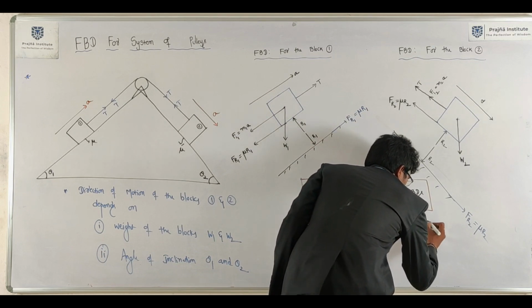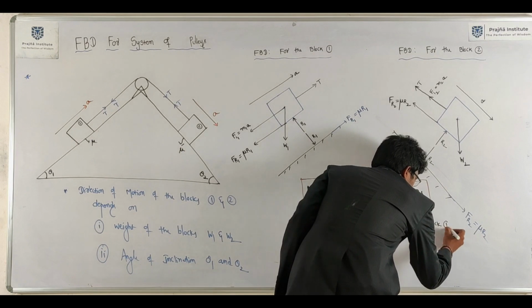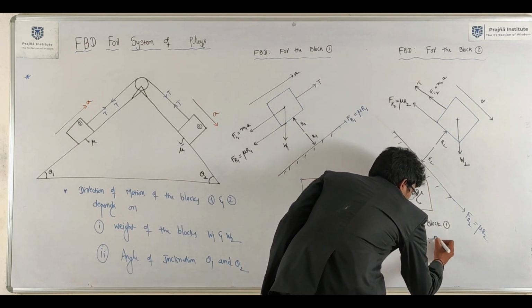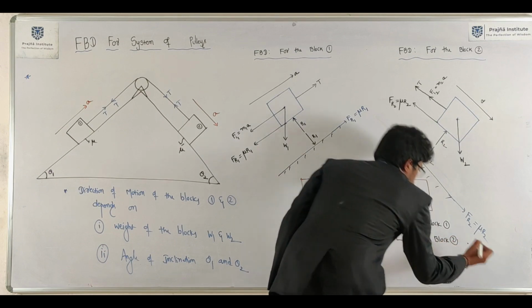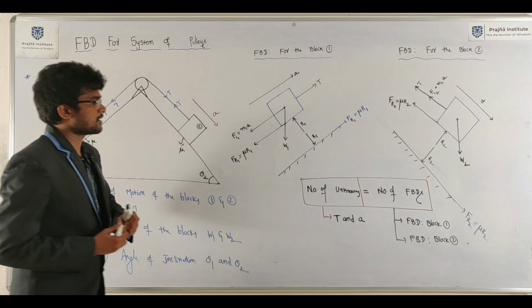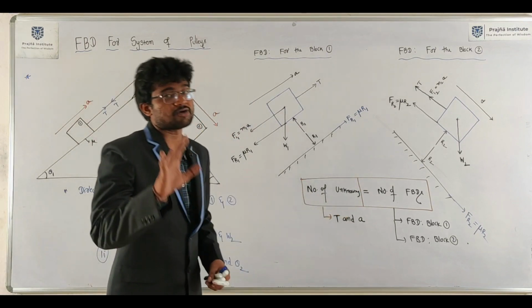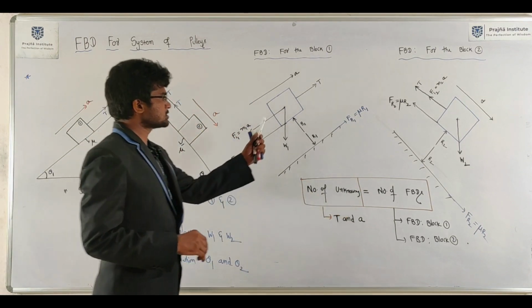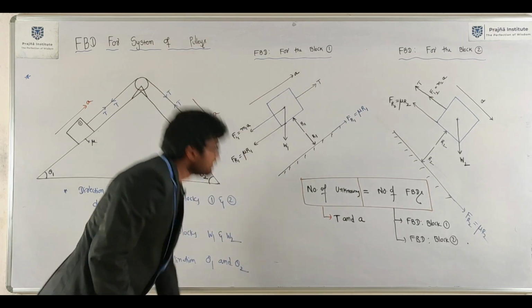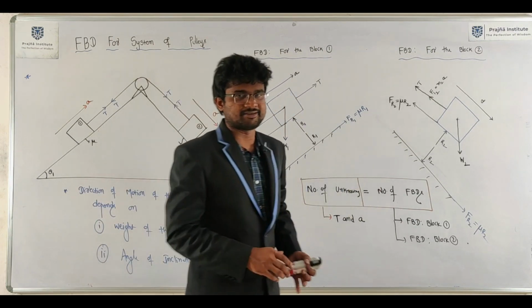FBD of block 1, FBD of block 2. That is the logic. Number of unknowns equals number of free body diagrams. From this free body diagram you will get one equation, and from the other you will get another equation.